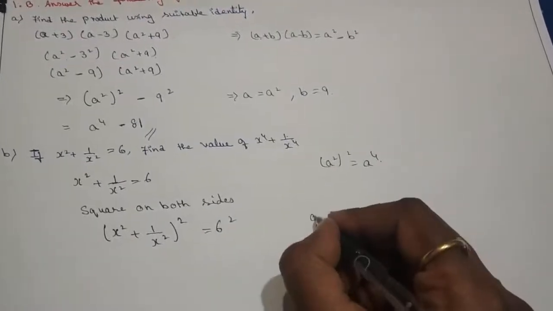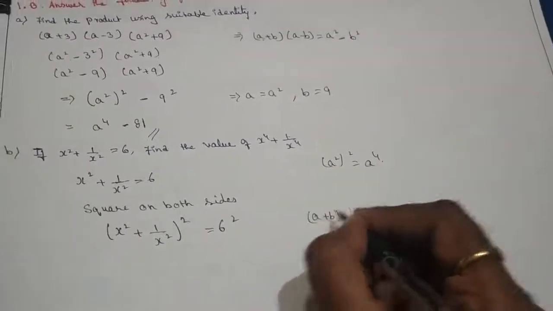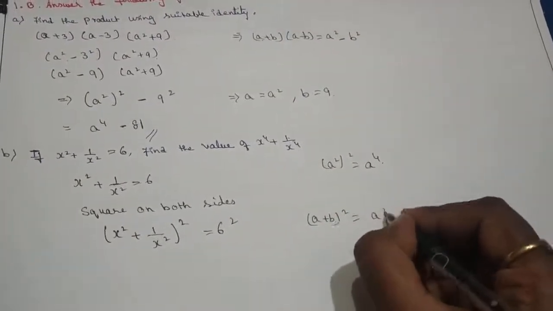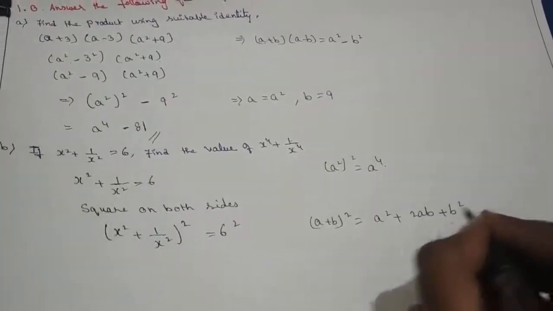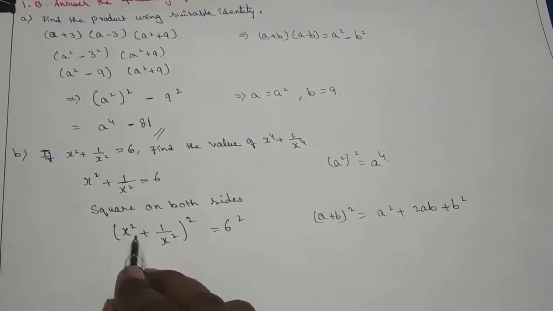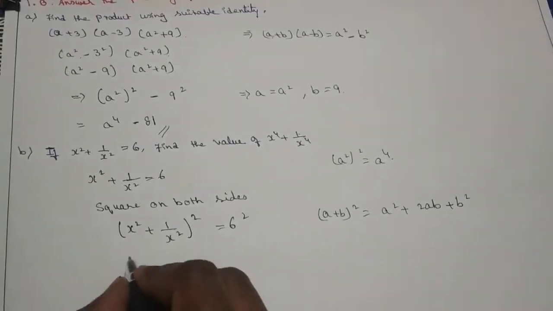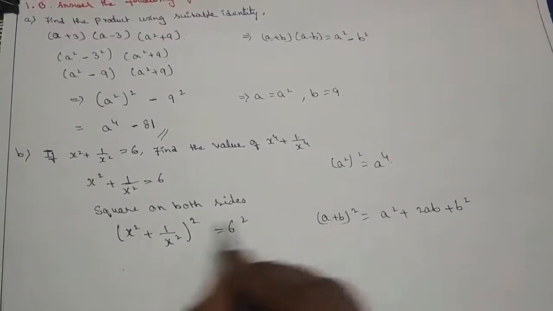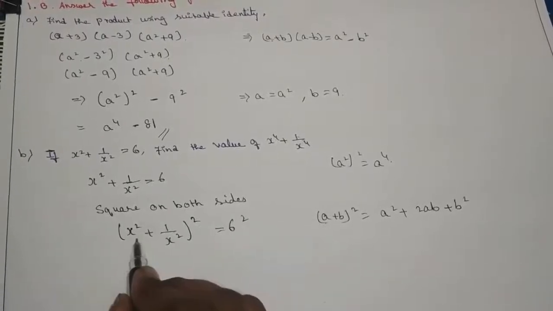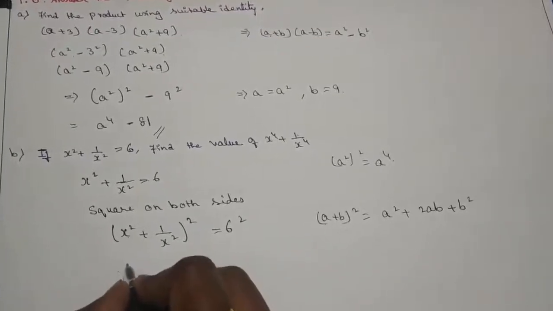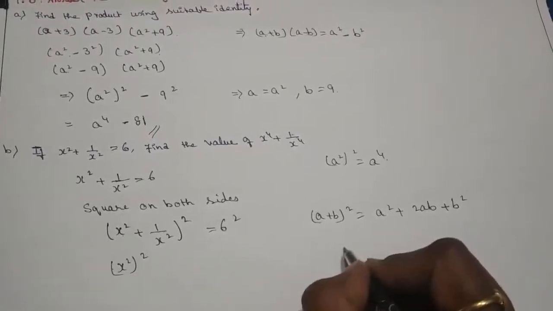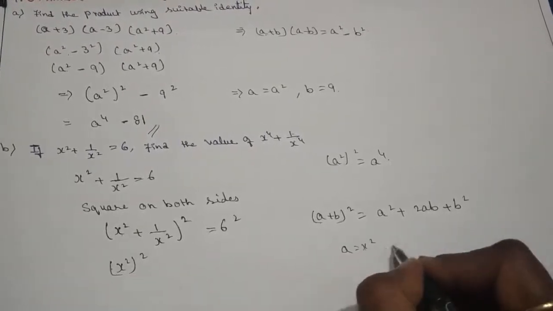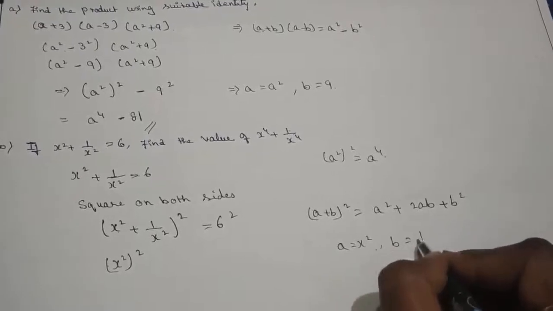We know that (a plus b) whole square is nothing but a square plus 2ab plus b square. Write down this factor into the form of an expression. That is, in place of a what we have? A square. Then (x square) whole square. So here the value of a is nothing but x square and the value of b is nothing but 1 by x square.